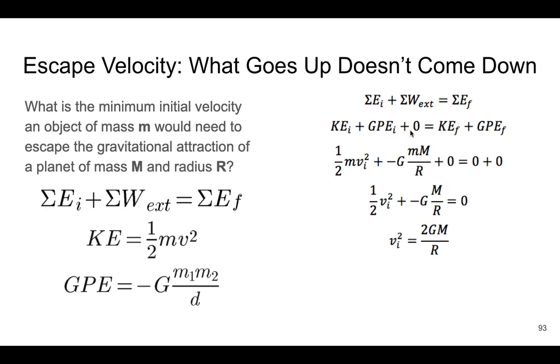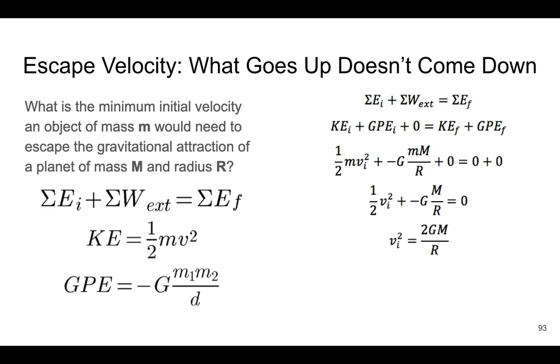We're going to assume there is no external work being done. So there's no rockets pushing this thing up. We literally launched it like we fired a bullet out of a gun. So that's the left side of this. Now, the right side, we have to consider the final kinetic energy and the final gravitational potential energy. We're going to assume that once this thing is infinitely far away, it's barely moving, but moving so slowly that we say its kinetic energy is 0.